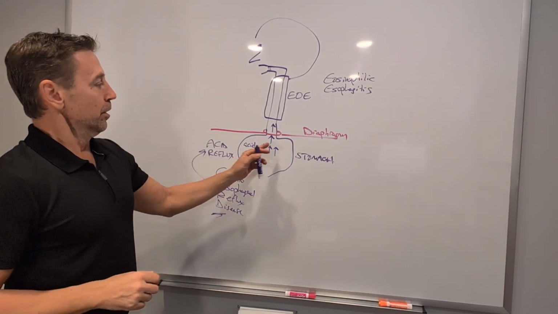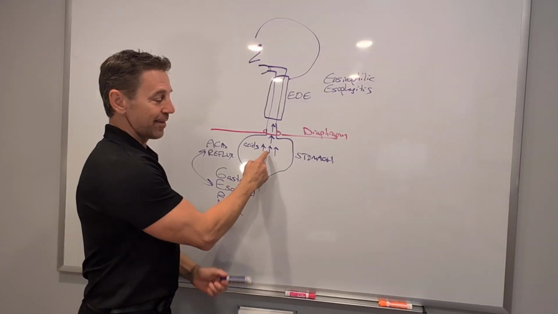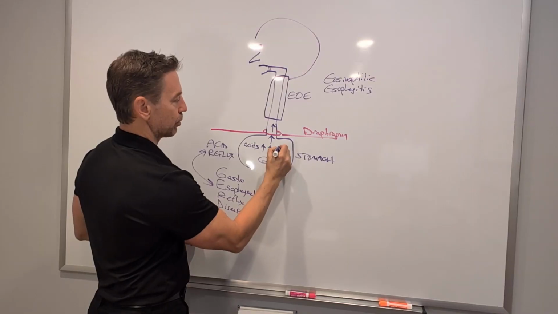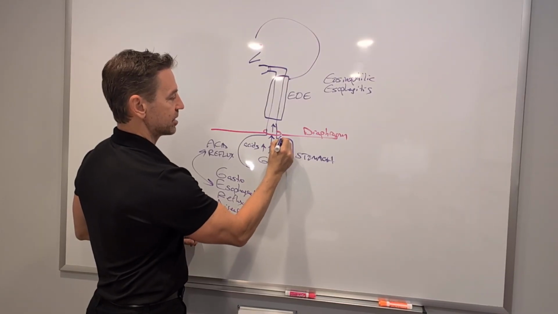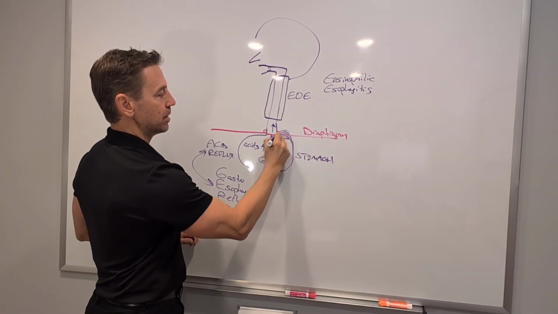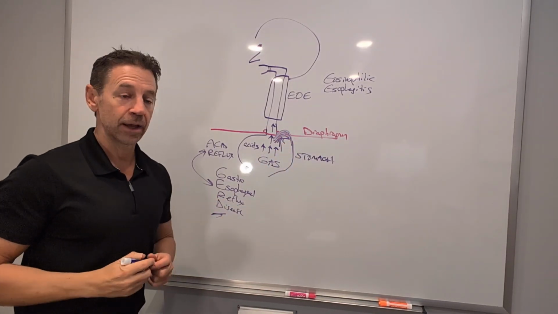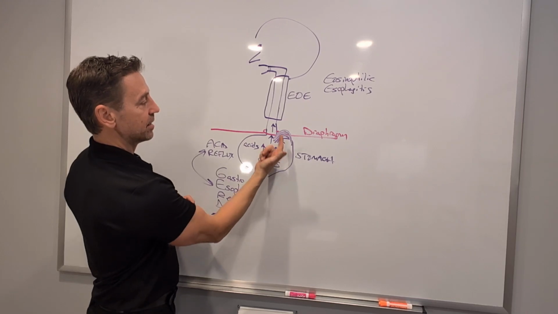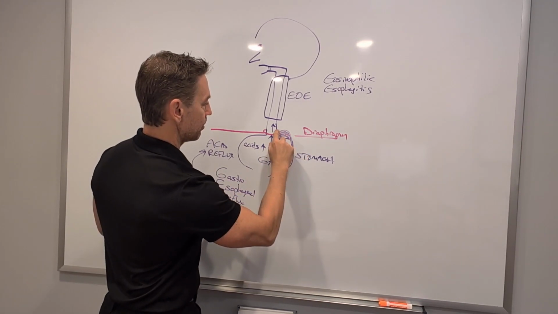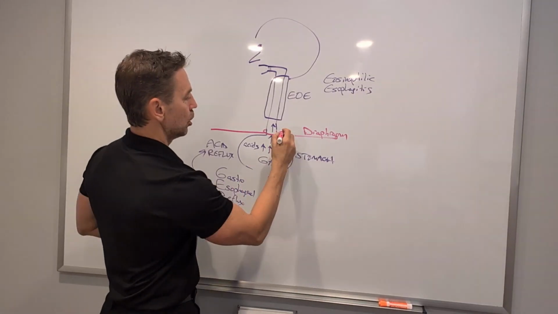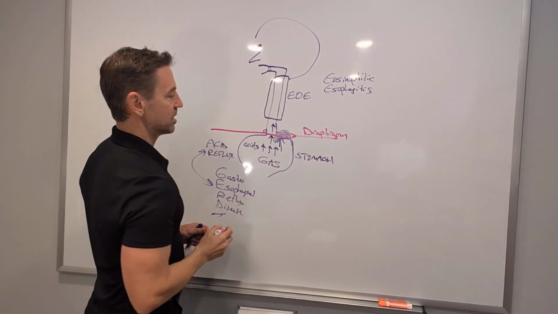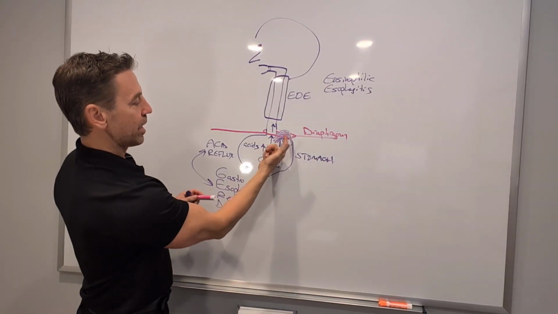The other thing you can have is acids and gas building up here in the stomach, putting pressure on the stomach up into the diaphragm, causing the stomach to bulge up into the diaphragm. That pressure of the stomach into the diaphragm can actually rip through. So the diaphragm actually tears, and the stomach pushes up through that ring.